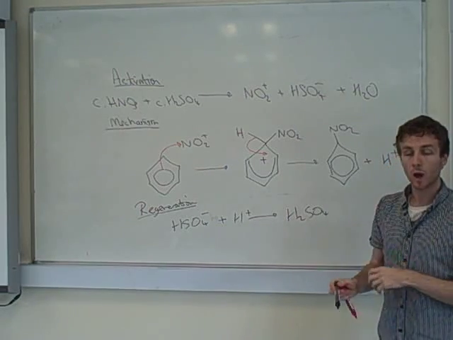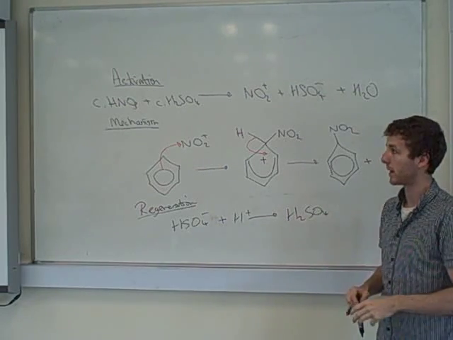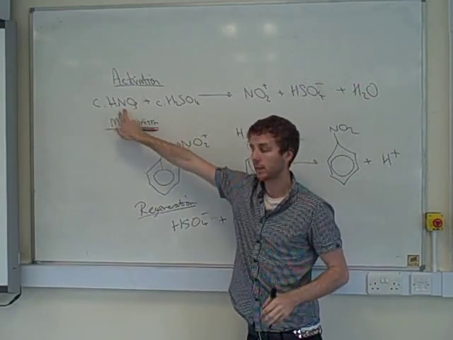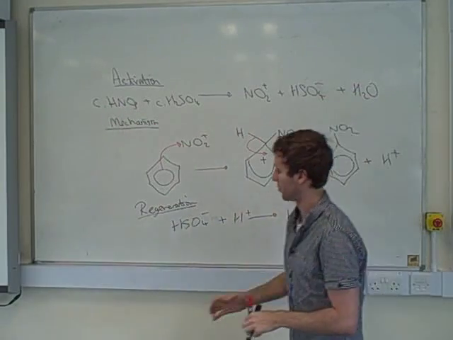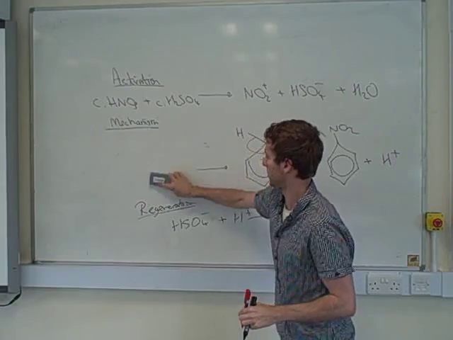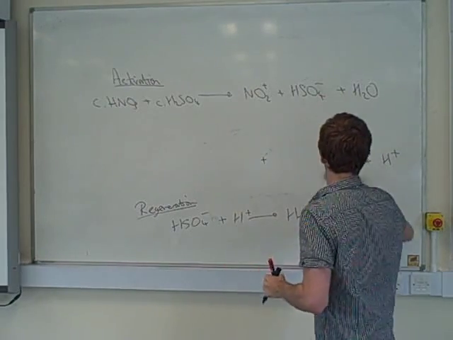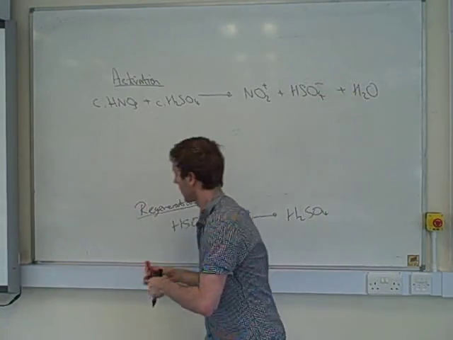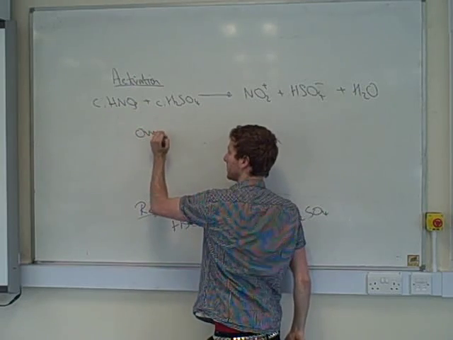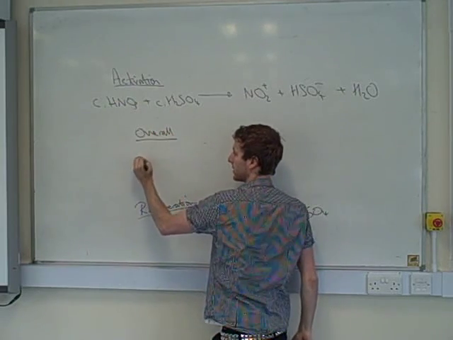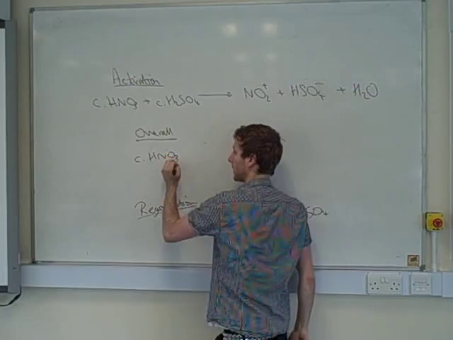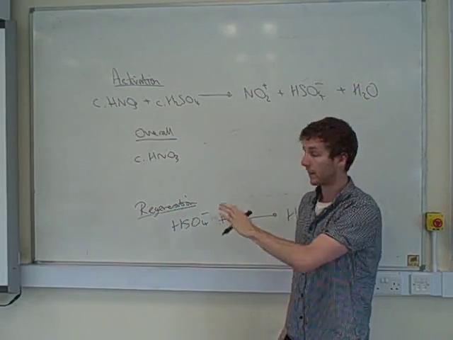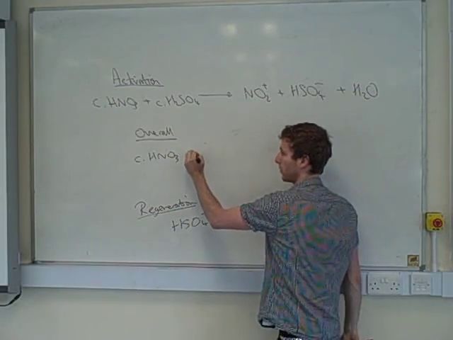If we want to do an overall equation for this mechanism, I've got my nitric acid. I'll rub this off to make some space. My overall equation, I have my nitric acid. I reacted that with benzene in the curly arrow mechanism step.